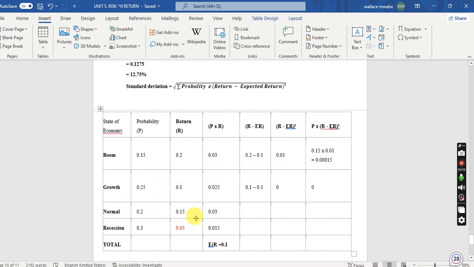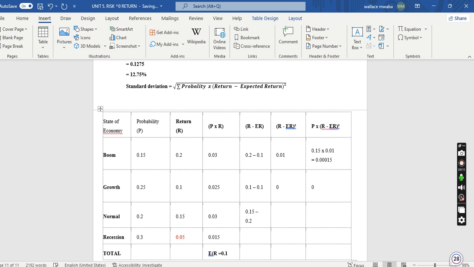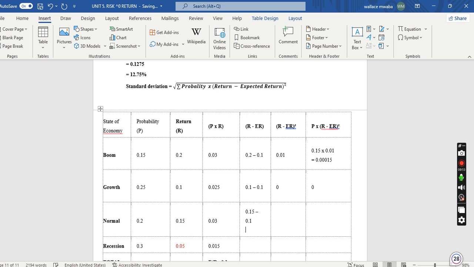Normal return 0.15 minus expected return 0.1. Let me even be putting the answers here.